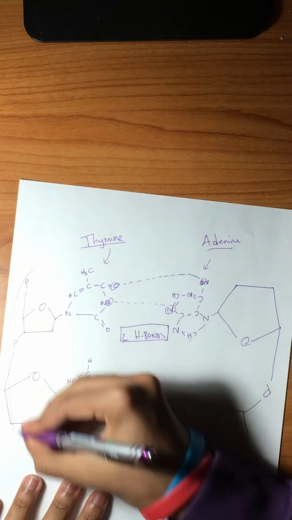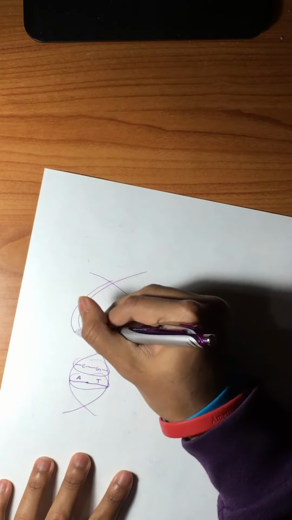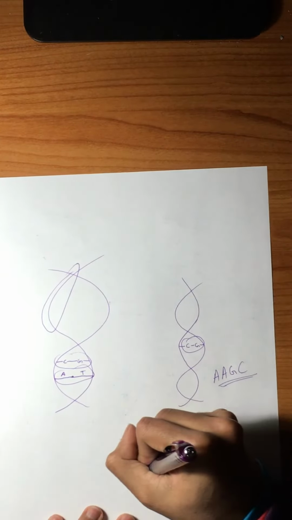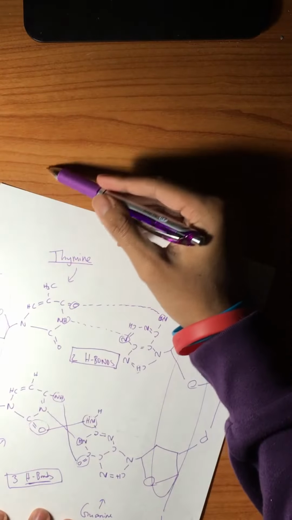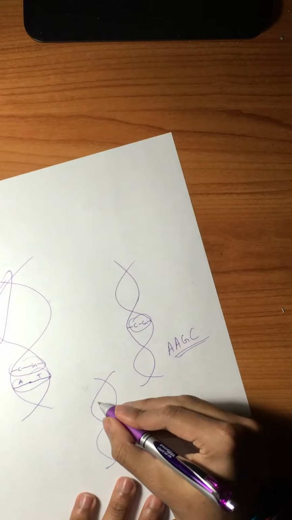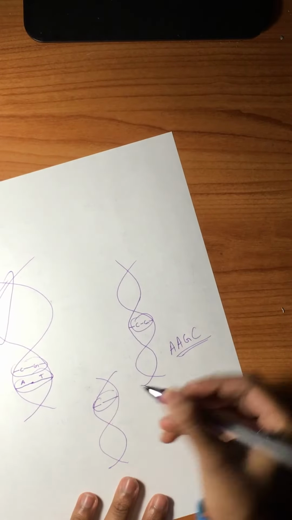And just to make this clear, these nucleotide strands that we see right here are basically these lines in the DNA. Whenever we draw a double helix, these outer lines are basically the string of nucleotides paired together. And what's happening on the inside are the bases pairing together.